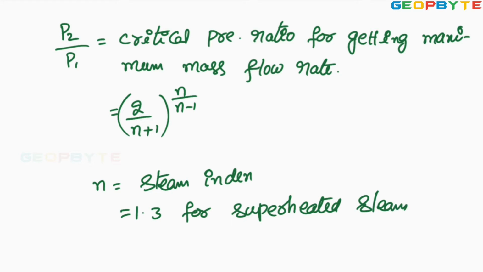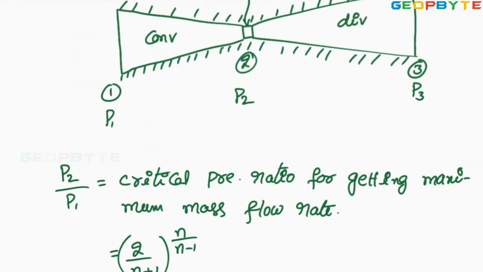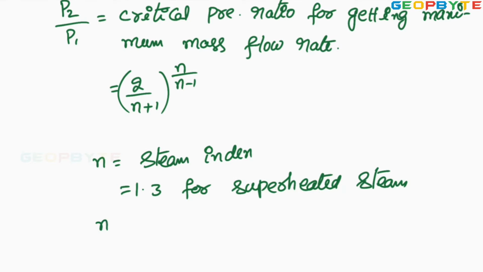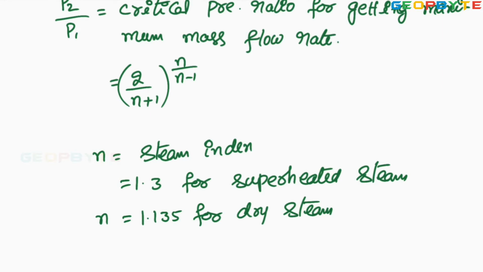Means if superheated steam is entering the nozzle, the n value is 1.3. If dry steam is entering the nozzle, it is 1.135 for dry saturated steam. This n is approximately 1.113 for wet steam.